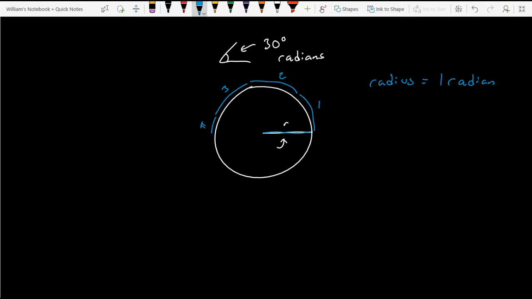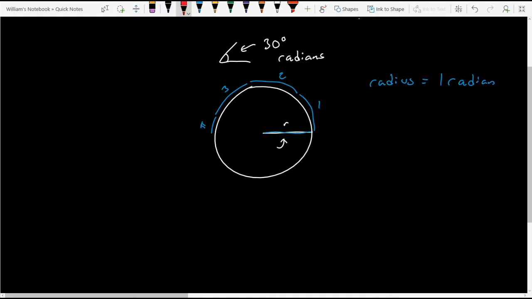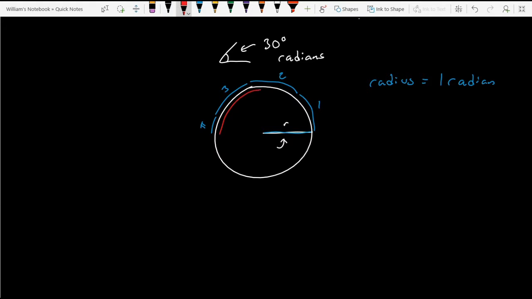The cool thing about reaching pi is that in the unit circle, measured in degrees, if you go halfway around the circle, you get 180 degrees. So these two measurements are equivalent.